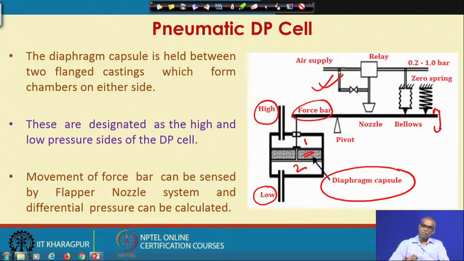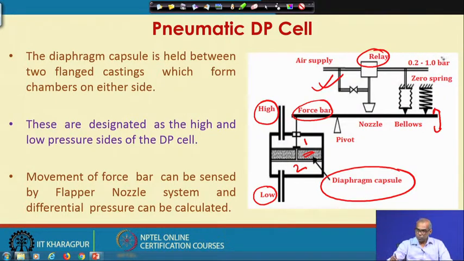What you see is a flapper nozzle assembly with a relay. We have talked about this and we have seen that the relay increases the amount of air which is helpful in the measurement.